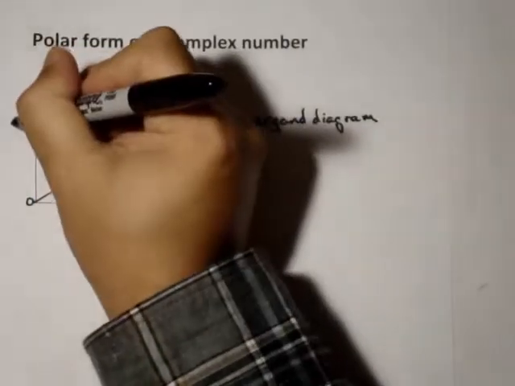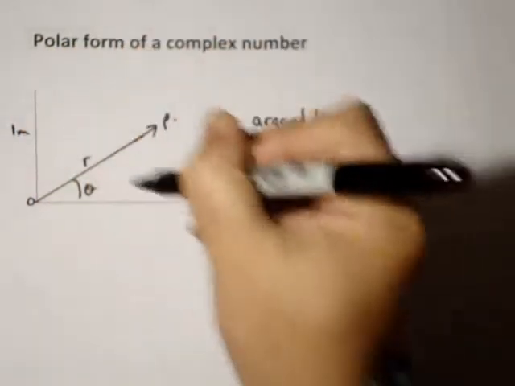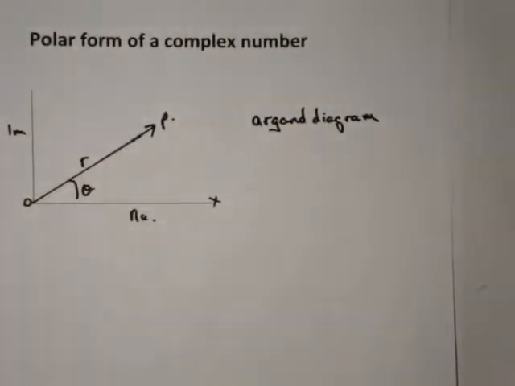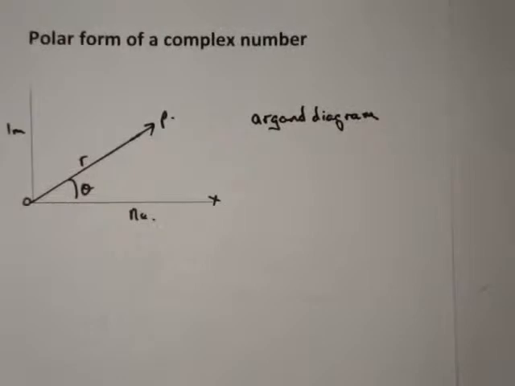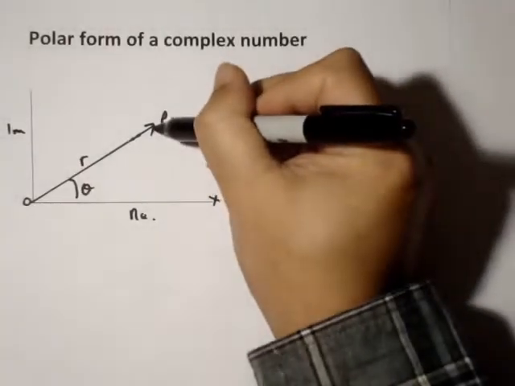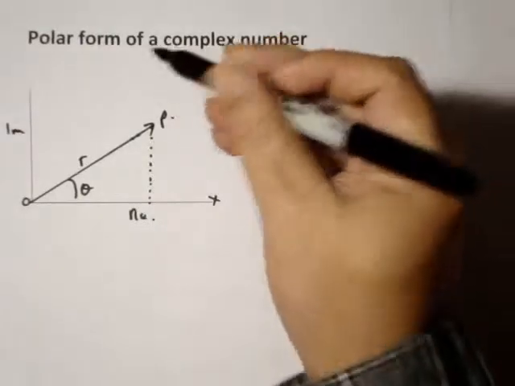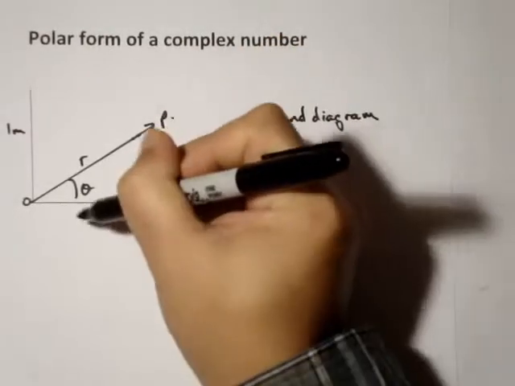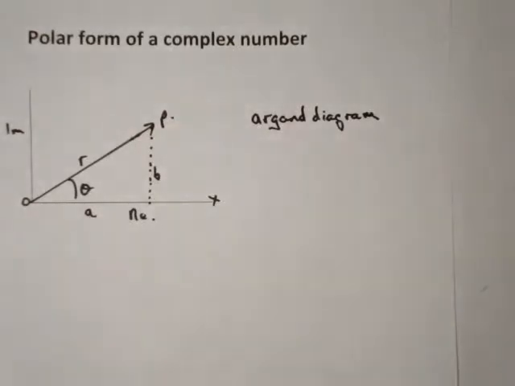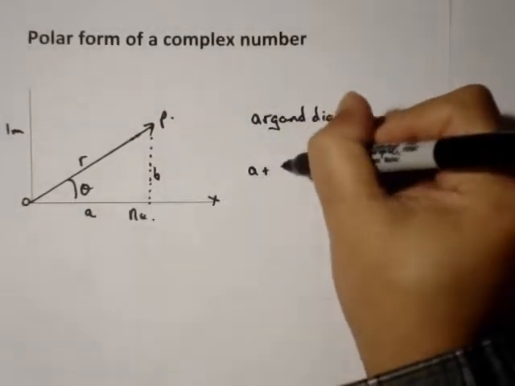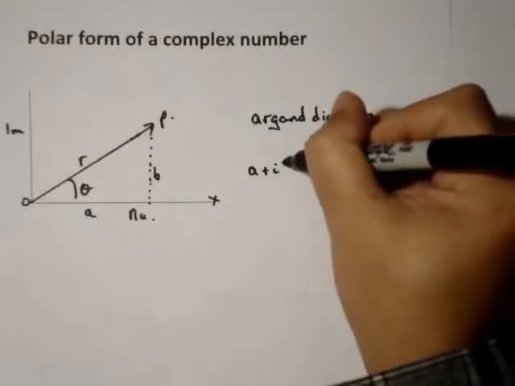So this is the imaginary axis and this is the real axis. So if we have a line down to the x-axis, we can call this B and this is A. So the complex number is A plus IB.